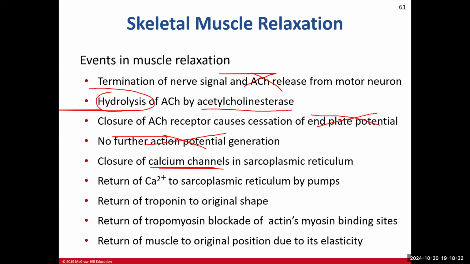They pump calcium out of the sarcoplasm. Well, guess what? If we don't have calcium in the sarcoplasm, what's that going to do to our regulatory proteins? Troponin will then cause tropomyosin to shift over the myosin binding sites. And now we've blocked those myosin binding sites.